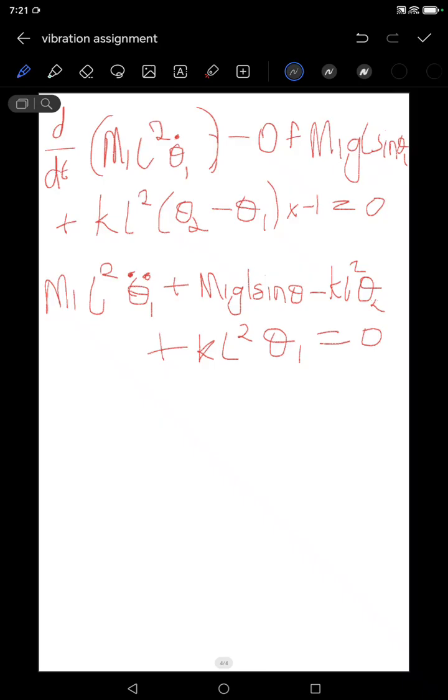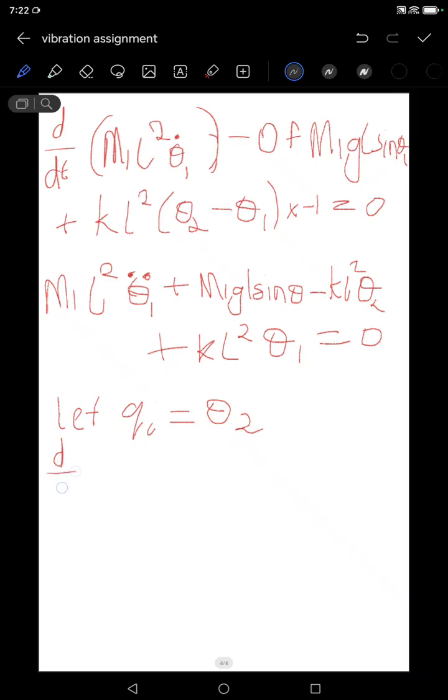We're going to do the same thing to find the second equation. So we're going to let our qi now be equal to theta 2. So now we're going to derivate with respect to theta 2. Remember, the first equation of motion we derivated with respect to theta 1. So now let's do it with respect to theta 2.